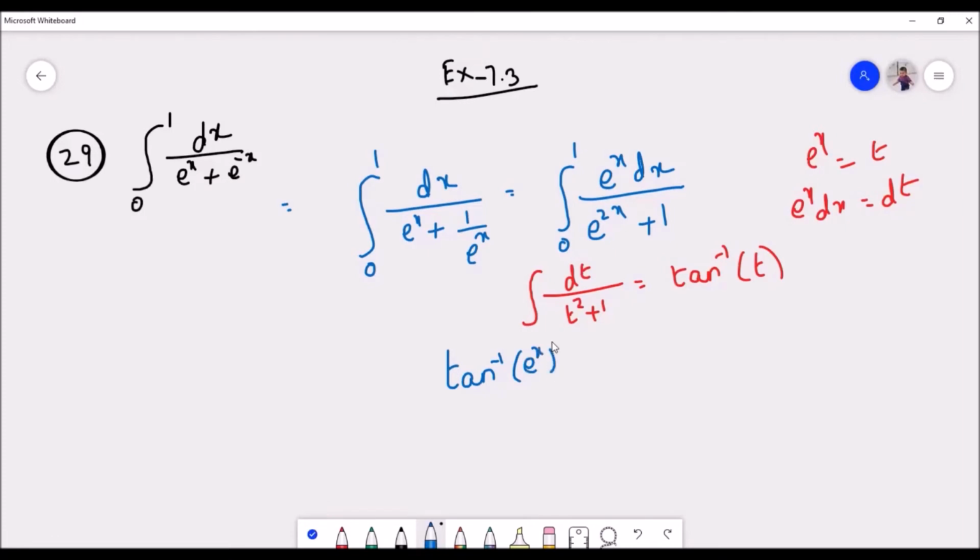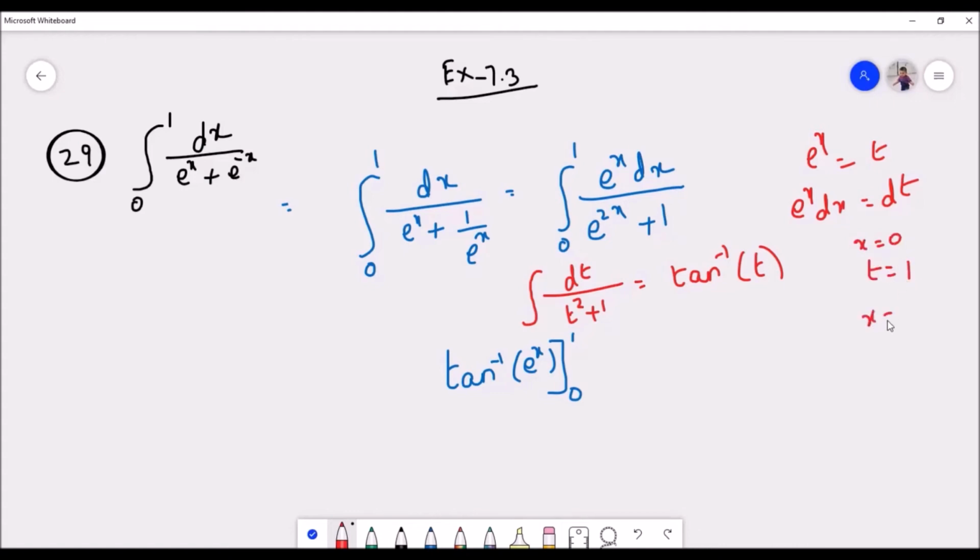Now write the limits. The limits for x are 0 to 1. If you are substituting here, you have to change the limits also. When we are substituting e power x equals t at this step, when x is equal to 0, t is equal to e power 0, which is 1.